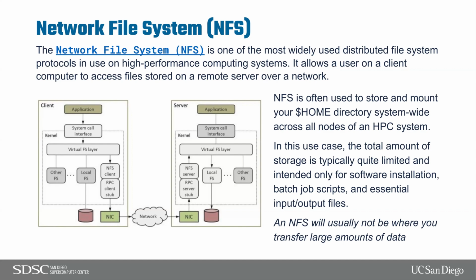However, that home directory, you'll usually notice, is available across any node on an HPC system like Expanse. That's because it's using a distributed file system; NFS is usually the most common one that I see used for home directories on supercomputers.